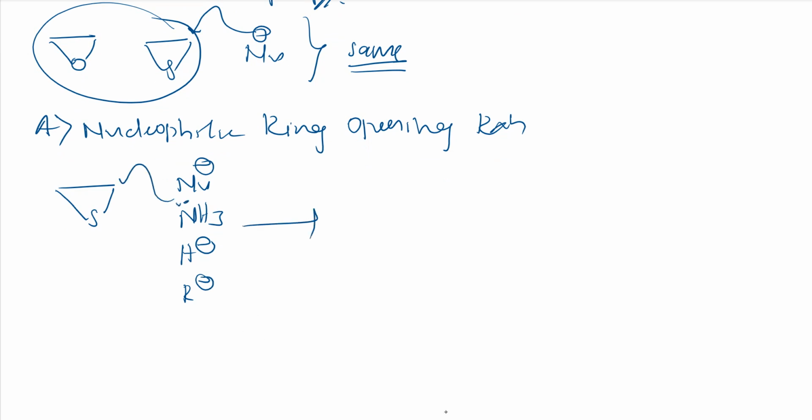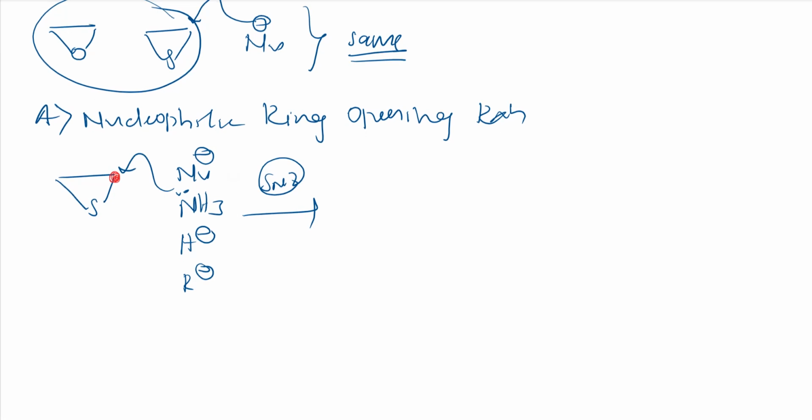Here an SN2 reaction will occur, so we will get the SN2 product. And you need to remember, see here with the red marker I am using, that only at this carbon the stereochemistry will change. If I write the product with an example, then you will get to know. The nucleophile will attack like this, ring opening occurs, and we get this product. How this sulfur gets H, you should know. Here NH3 was there, it becomes NH2, right? That proton has exchanged.